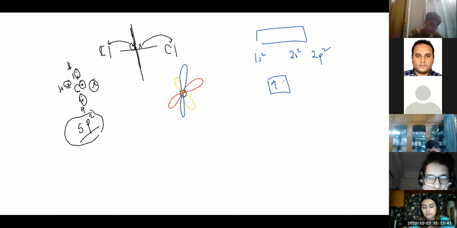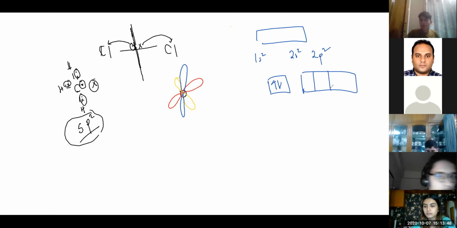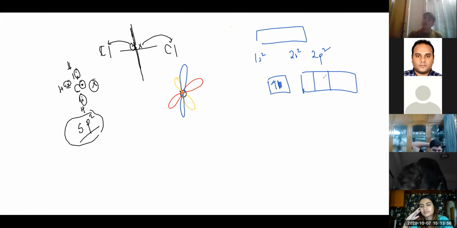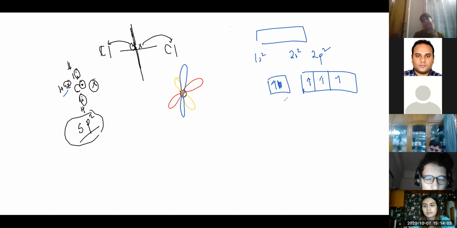Okay, so we assume that 2s2 has 2 electrons, and during hybridization one of the electrons gets promoted. Anyways, here we have one hydrogen, here one hydrogen. One hydrogen is here, which means one of its electrons is being shared. So let's assume a red electron is coming here, here, and here there are three.